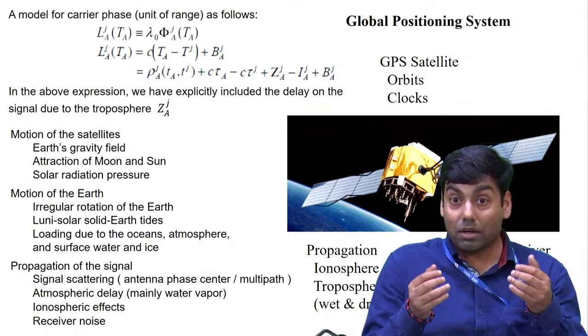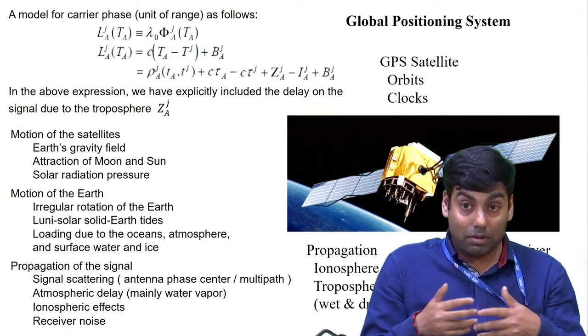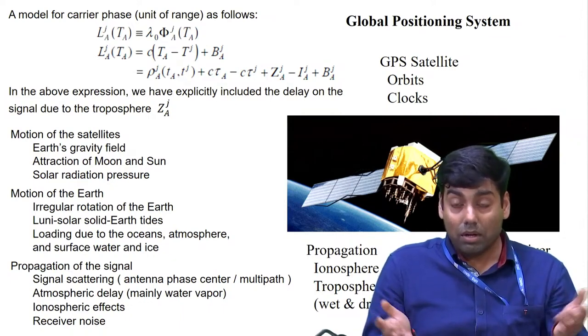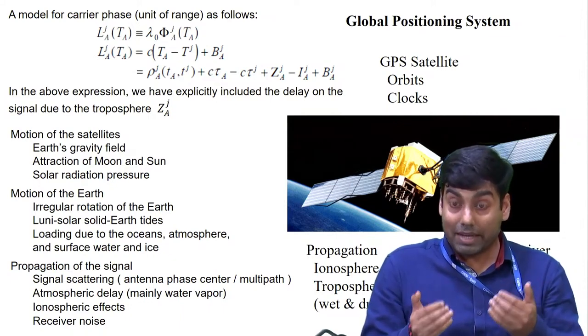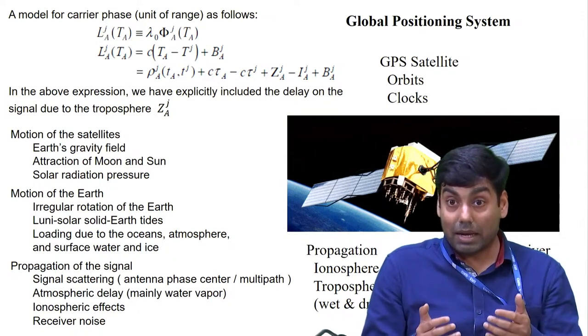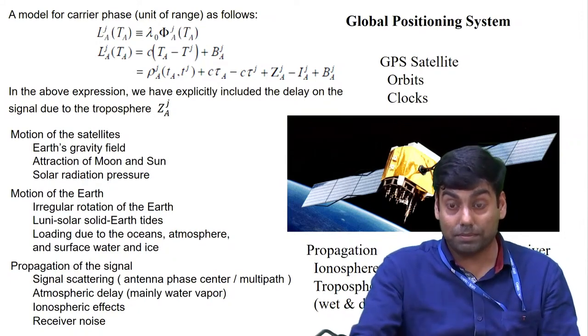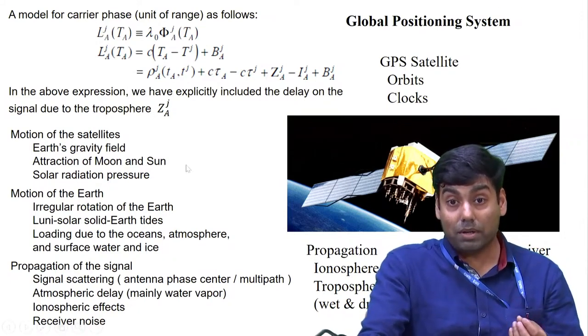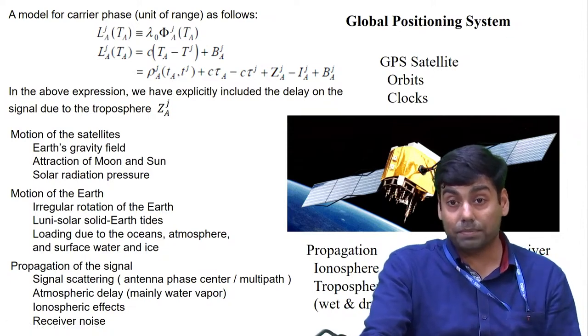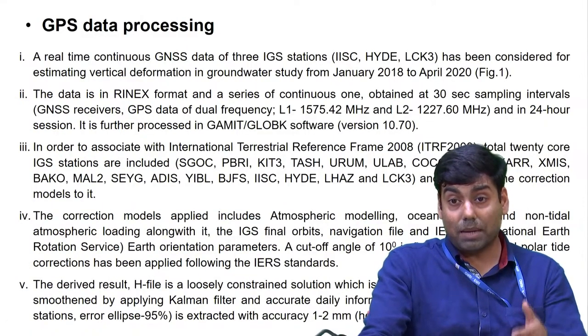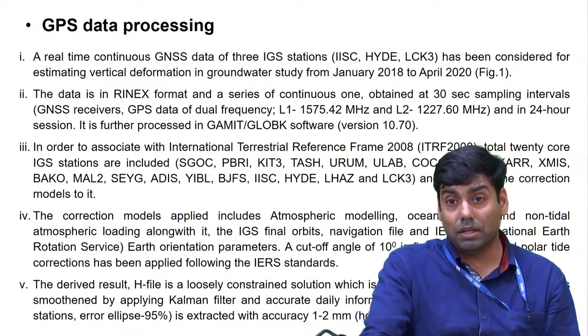And once you get more than 4 hours of true range, you will get the precise XYZ as well as precise time. Time will be in nanoseconds or better resolution. So this is possible after doing all this modeling. These are the steps of GPS data processing.